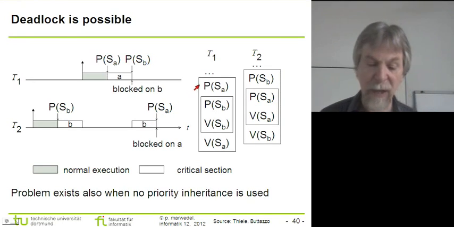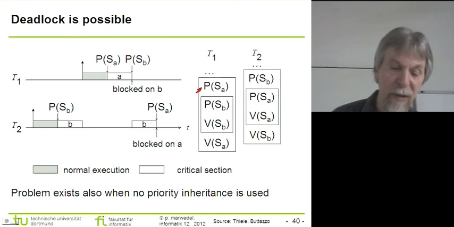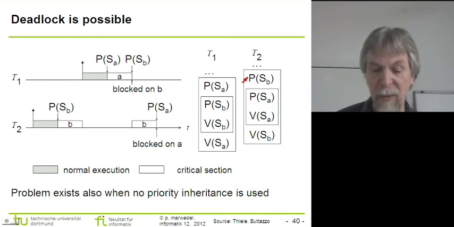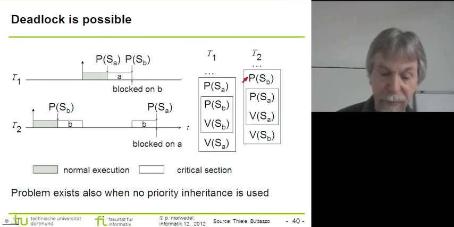So I think a more easy to understand visualization of that situation is this one, where we see that initially we have executed this statement over here, and then we have executed this statement over there.